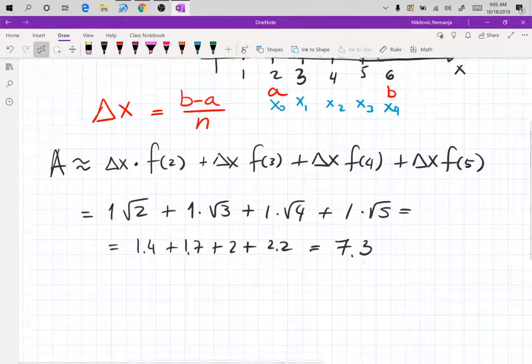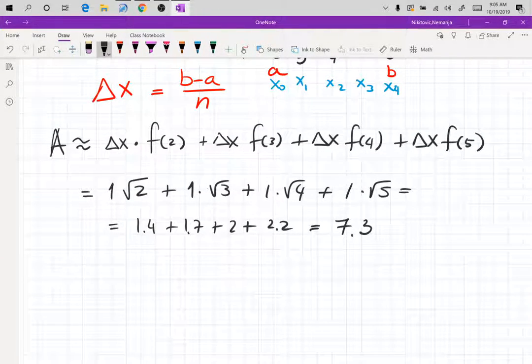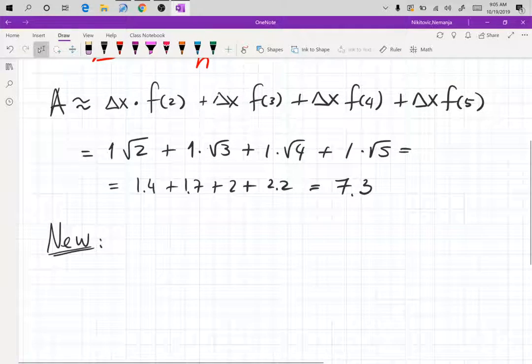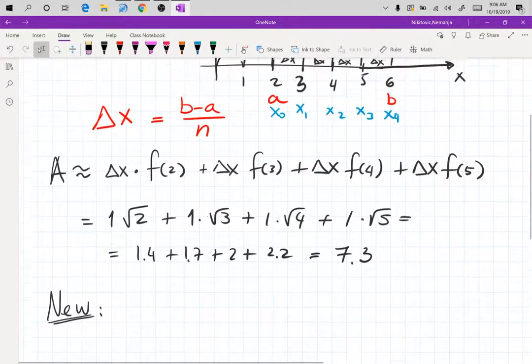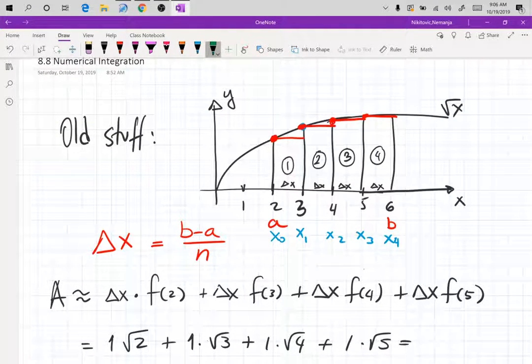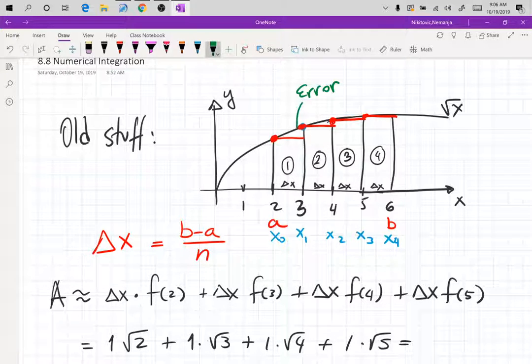So now we are going to learn 3 formulas that will improve on this approximation, because remember that I have a lot of error over here. They will be different methods, so it's not going to produce as much error.